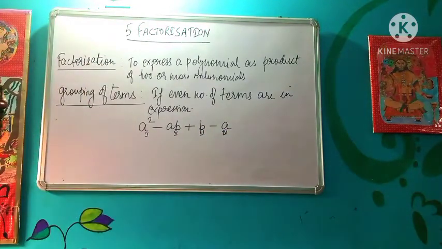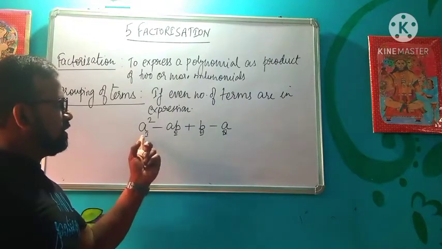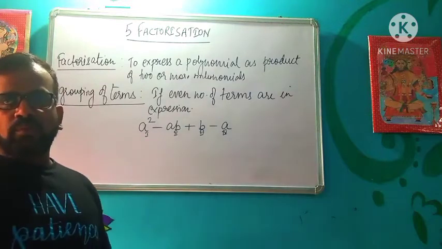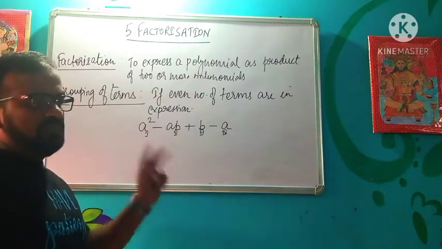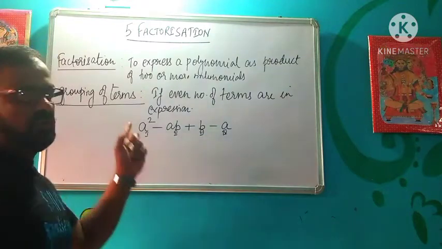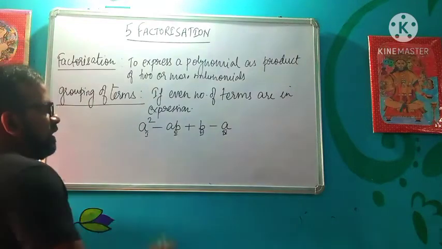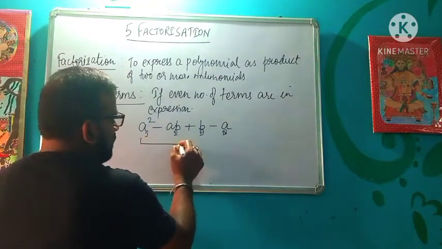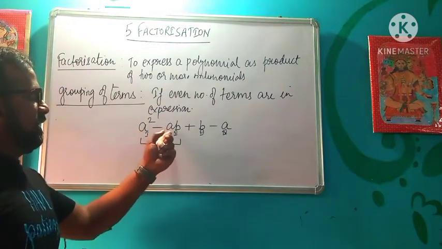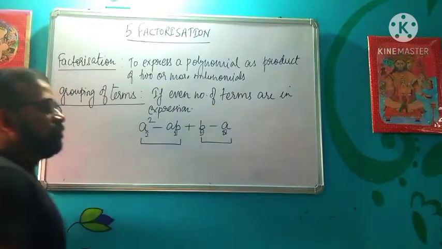If I try to apply the first method, the common term method, there is none of the terms which is common in all 4 terms. So if I am not able to use the common term method, then I will use the grouping of terms method. See, this is my first group, and this is my second group.